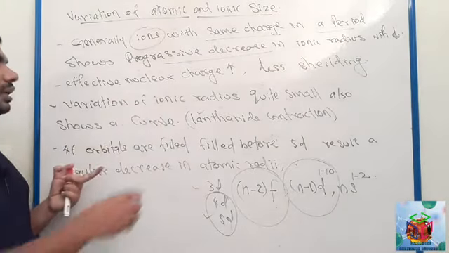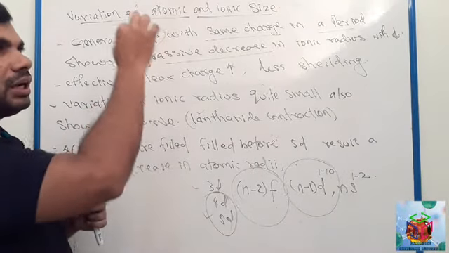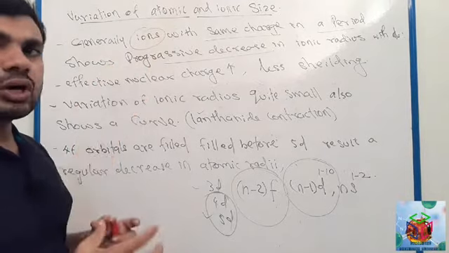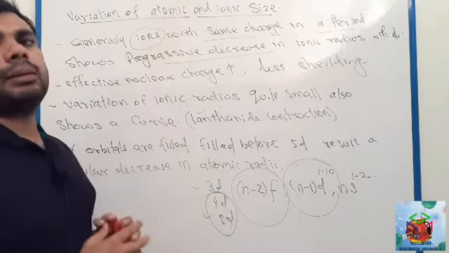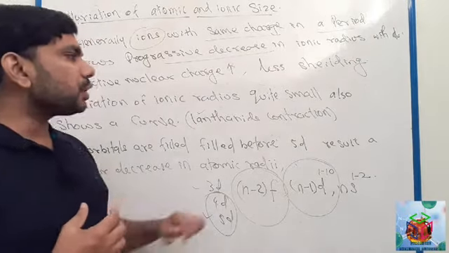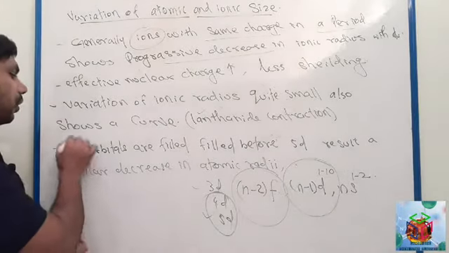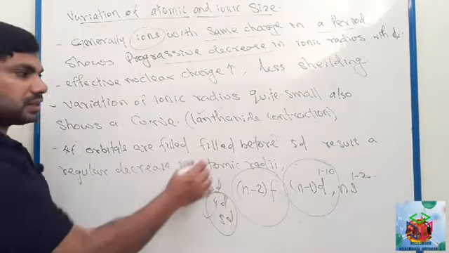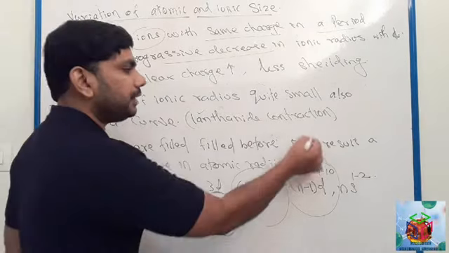Also here you can see in the 3d and 4d series their decreasing atomic and ionic radius. A curve will be observed, a curve you can see in the graph. This is because of lanthanide contraction. Lanthanide contraction means 4f orbitals are filled, 4f electrons are filled before filling 5d.